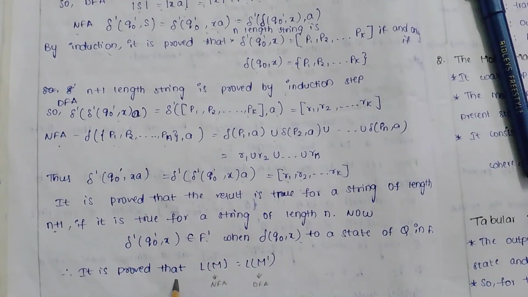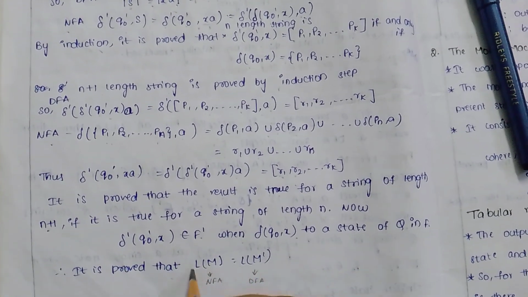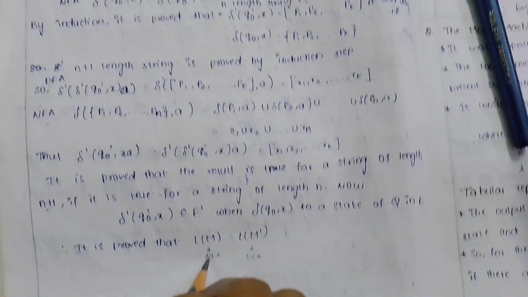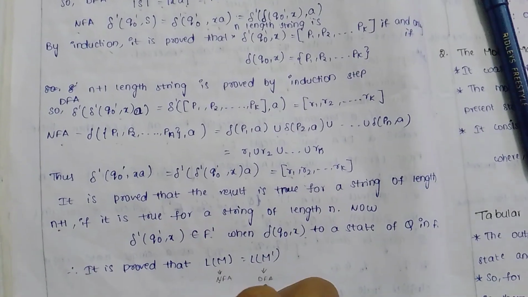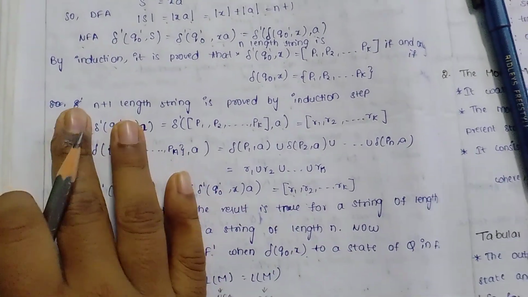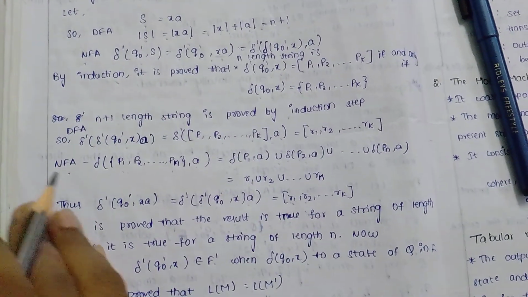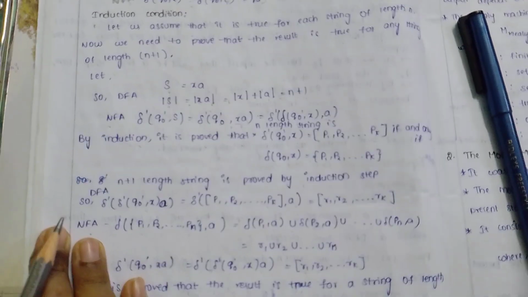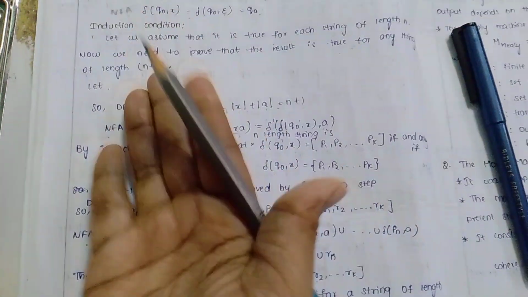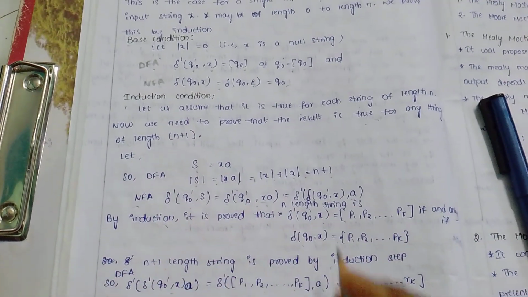So it is proved that language of M equals language of M', where language of M is the NFA and language of M' is the DFA. So the NFA we denote with M and the DFA we denote with M'. So we have to prove in two conditions, the base condition and the induction condition. We have to prove in this way.